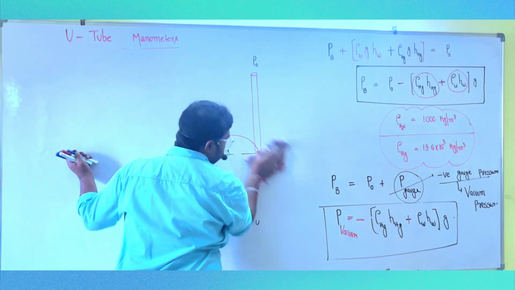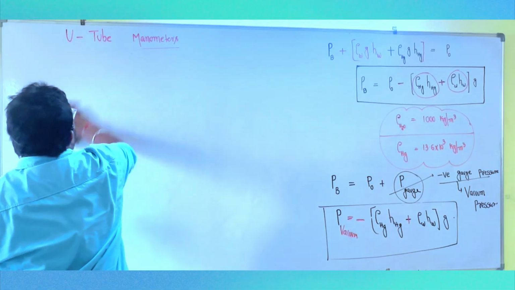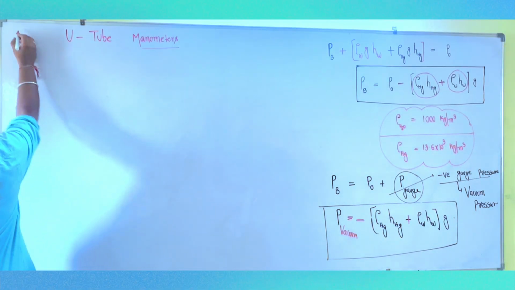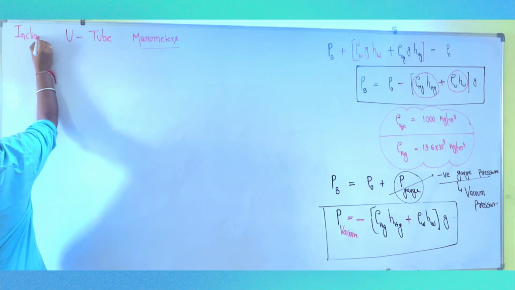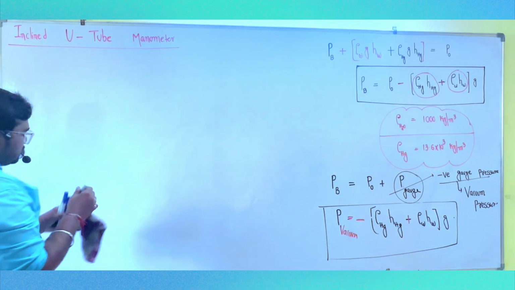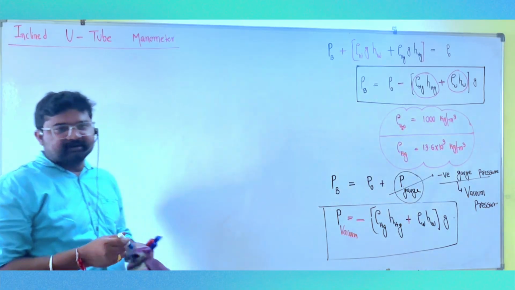Inclined U-tube manometer: one limb made inclined. Clear?